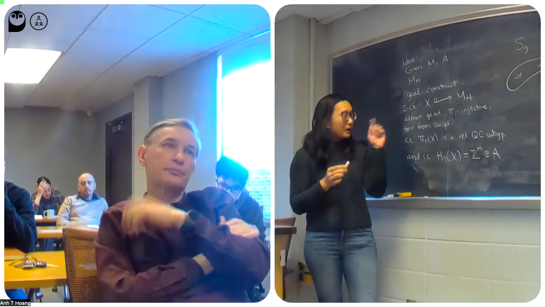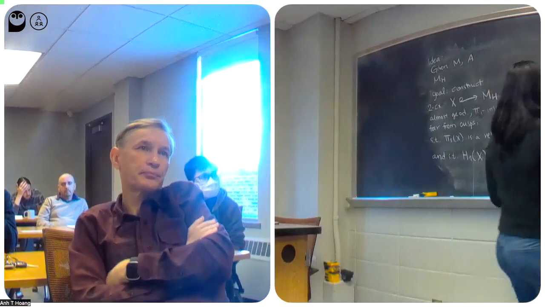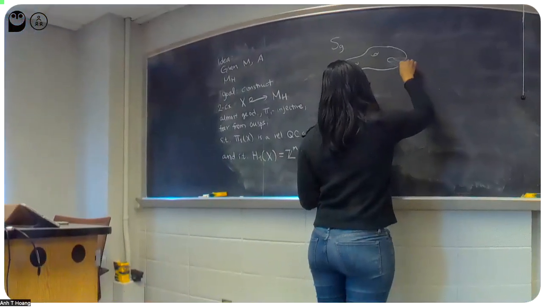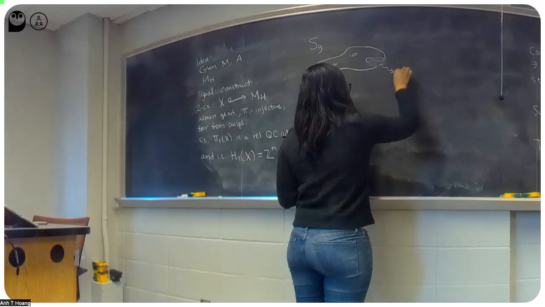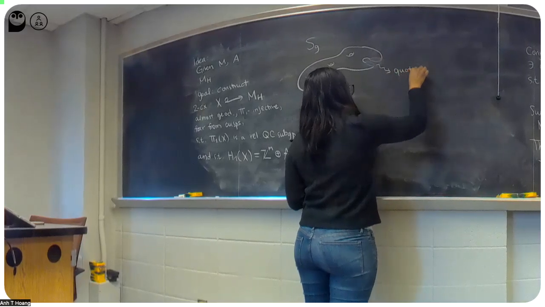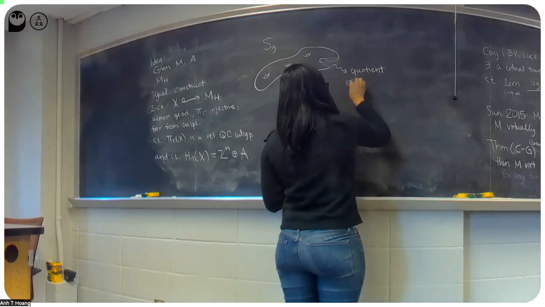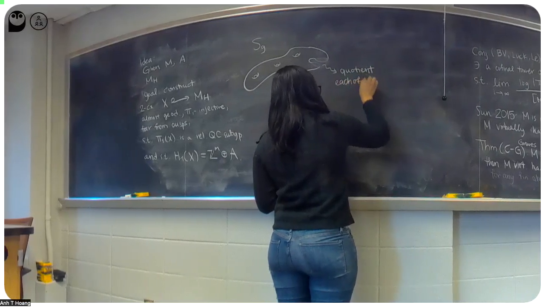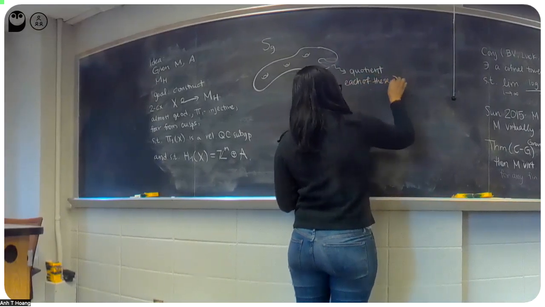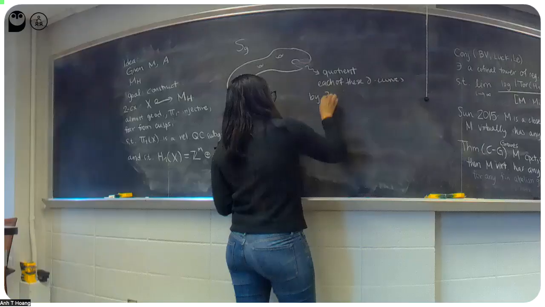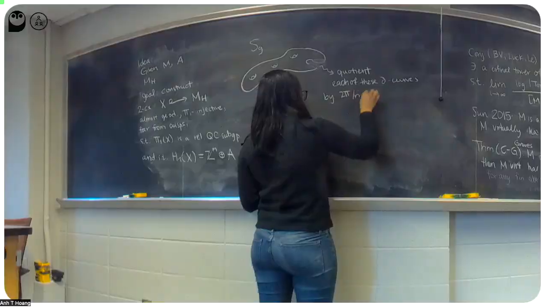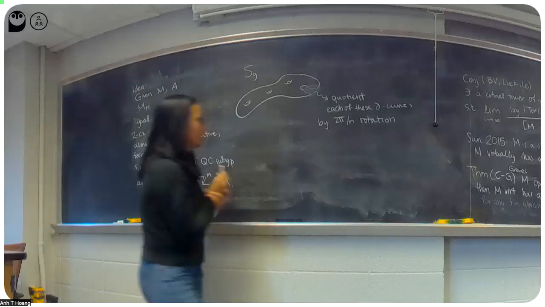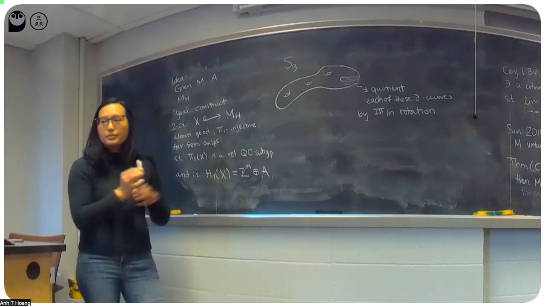And now what I'm going to do is take the quotient of each of these boundary curves by 2 pi over n rotation. Okay, so I can do this for each of these.